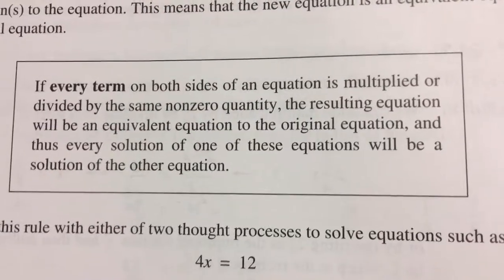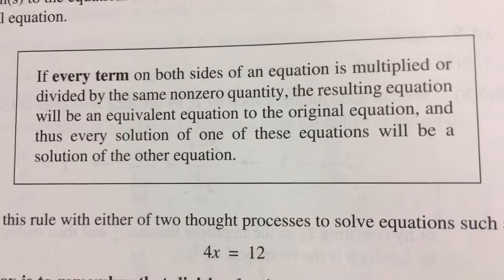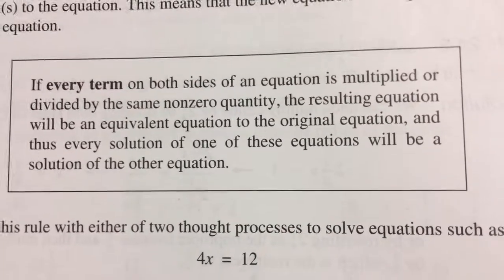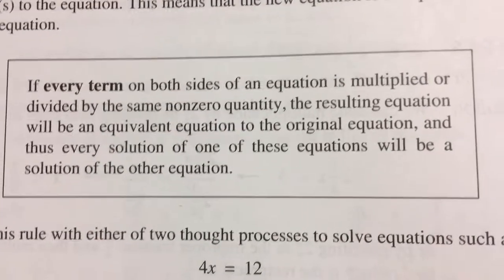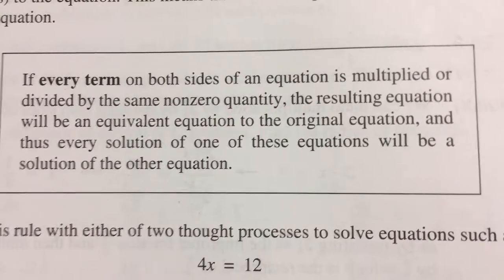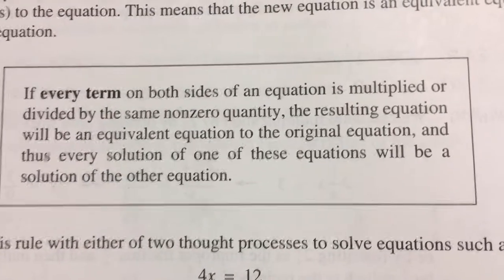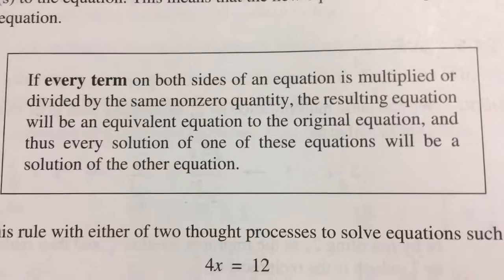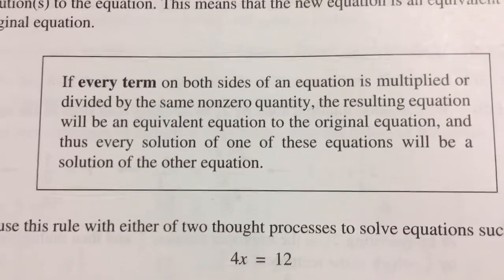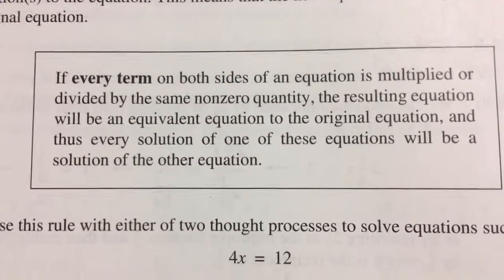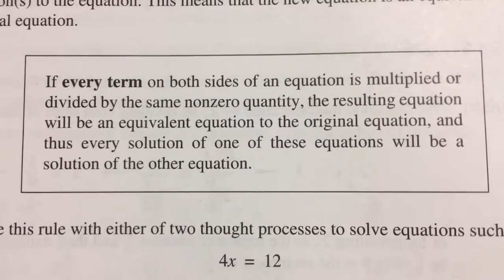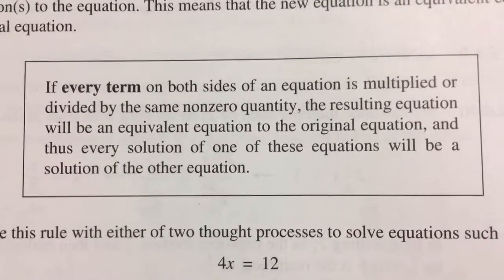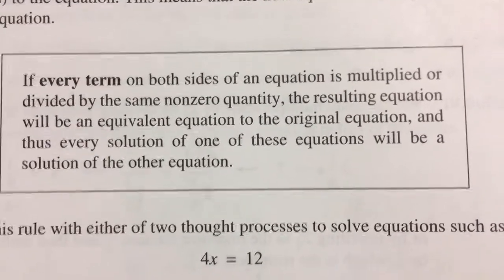If every term on both sides of an equation is multiplied or divided by the same non-zero quantity, the resulting equation will be an equivalent equation to the original equation, and thus every solution of one of these equations will be the solution of the other. Remember what we talked about when we did the addition property, that we solve by finding simpler and simpler equivalent equations. And our job is always to get the x by itself.